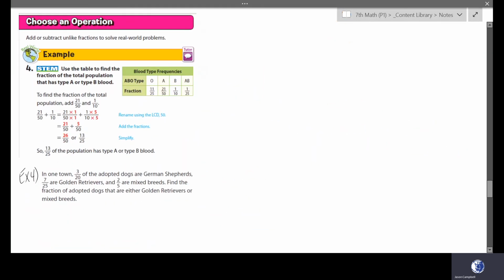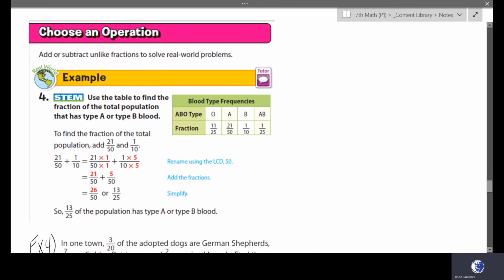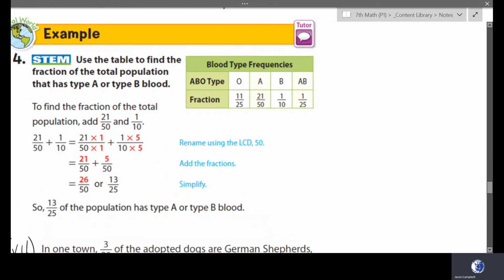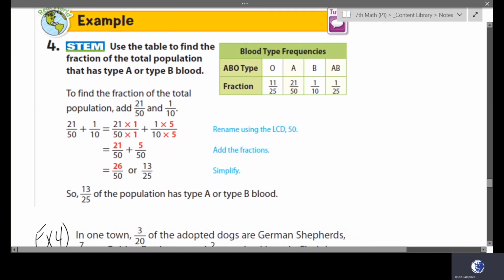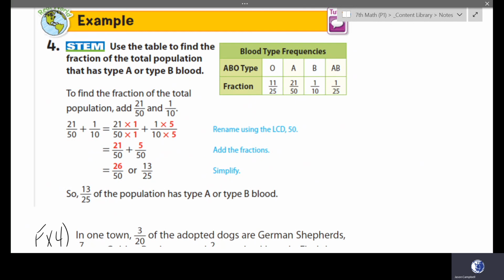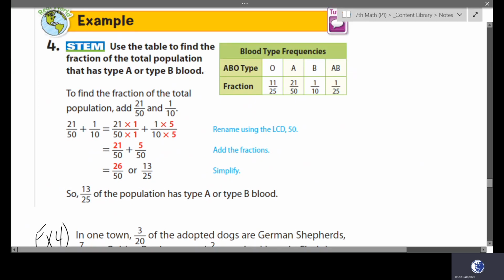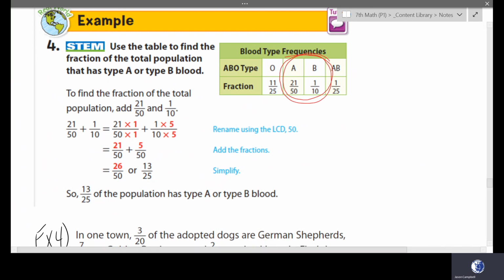Now let's look at that word problem. It says choose an operation, add or subtract unlike fractions to solve real-world problems. Example 4. Use the table to find the fraction of the total population that has type A or type B blood. So type A or type B is these two sections here. So we need to add 21/50 and 1/10.